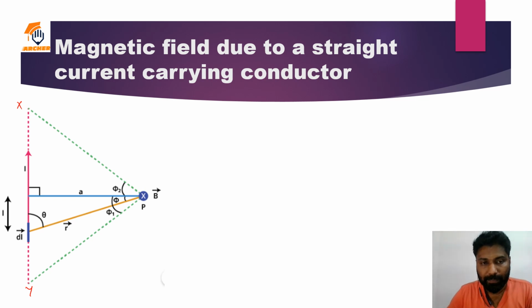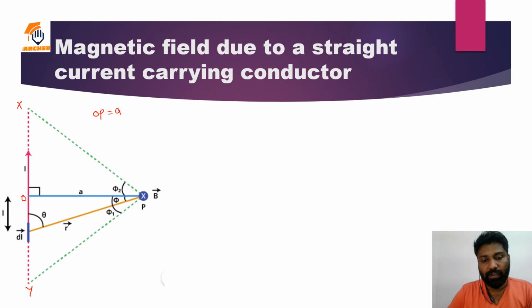If I name the foot of the perpendicular O, then OP is equal to A. Here I am considering a small element dl. This is the dl vector, and the position vector from this point to P is r. The angle between the vector dl and vector r is theta.